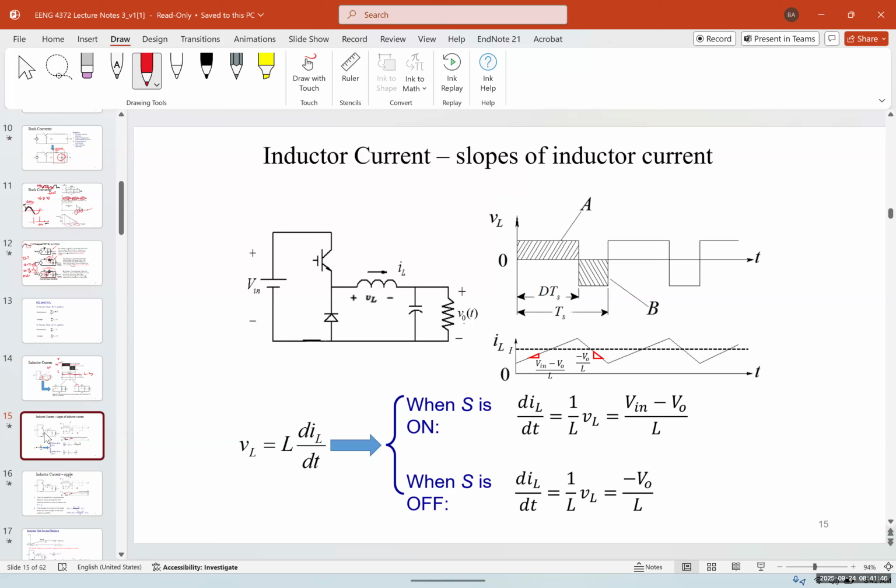So when the switch is on, again, we know that VL, the voltage for the inductor, is L di/dt. L doesn't change, it's constant. So changing the current changes the voltage. So when the switch is on, at this stage, you can see that this is when it's on.